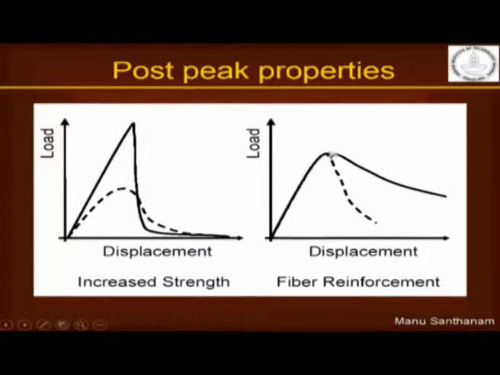Now what is happening is, in effect your strength is not really enhanced by a tremendously high amount. You may get some enhancement in strength depending upon the size of the fiber, but what you get for sure is that after the peak load has been reached, the failure takes a very long time to happen when you have fibers inside. Now that is only natural, right? When you have a wound on your body, you put the sutures. What is the function of the sutures?